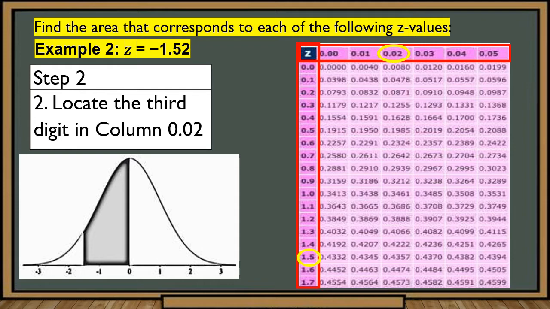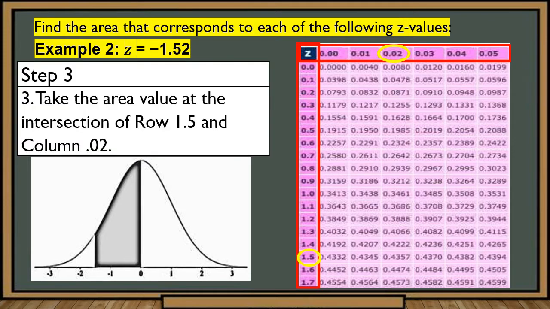Now, after finding the third digit, ano yung gagawin natin? We will look for the intersection, the area, which is the intersection of the row, which is 1.5, and the column, which is 0.02.